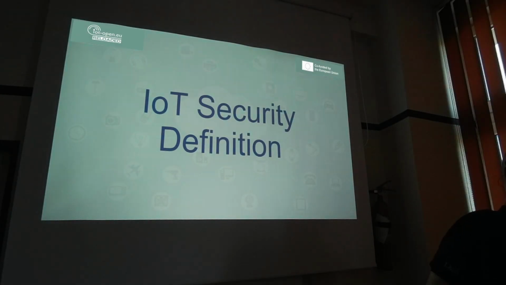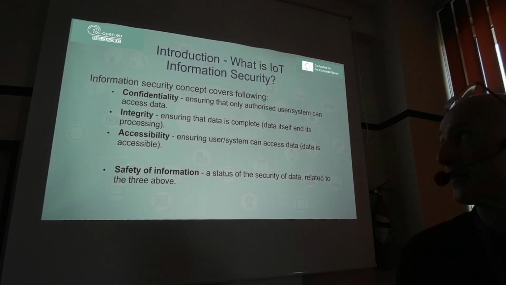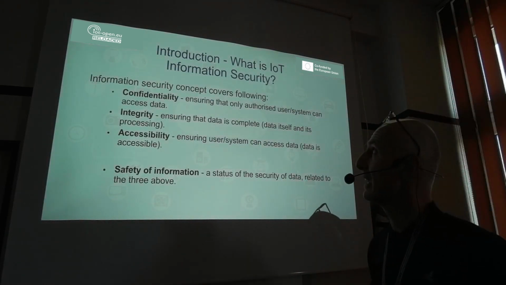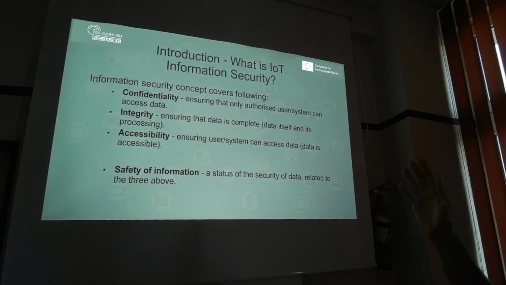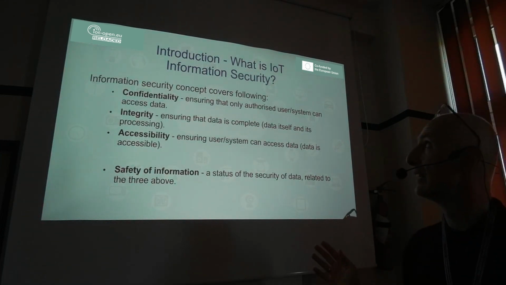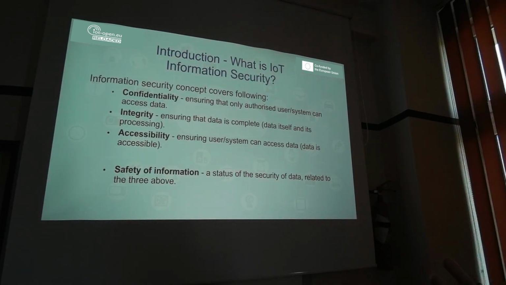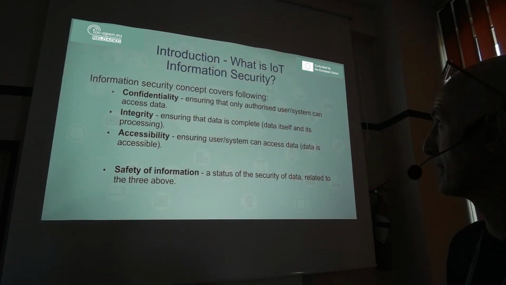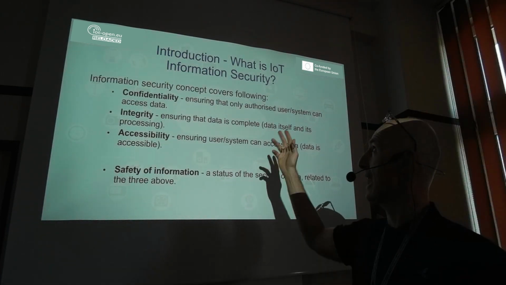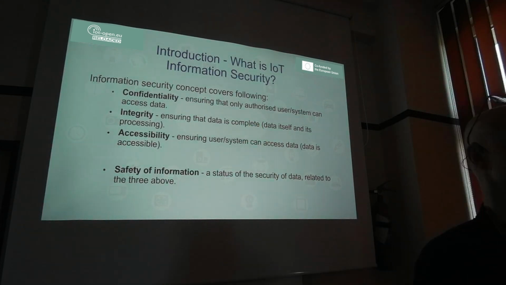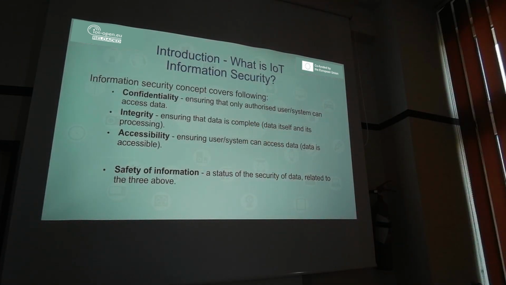Let's define IoT security as it is. So first, information security has three major concepts. First, it is confidentiality. So it means that only authorized users are accessing the data. The persons who are not intended to access the data shouldn't be able to do that.